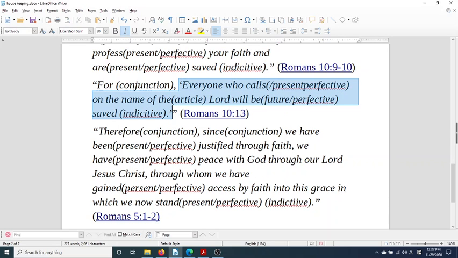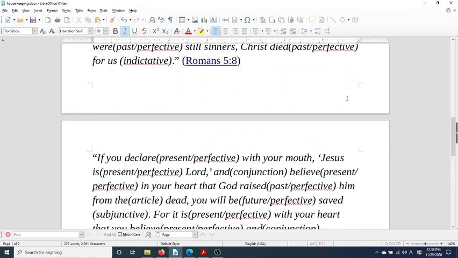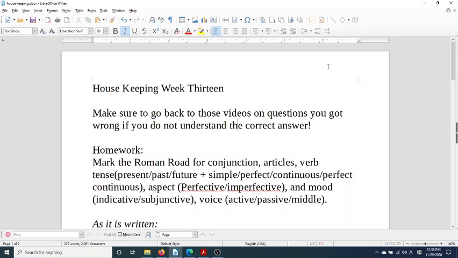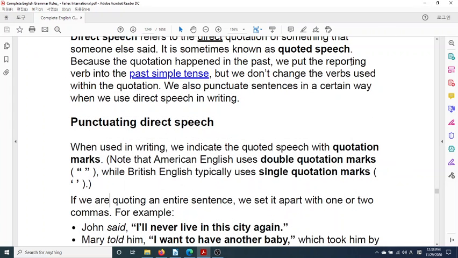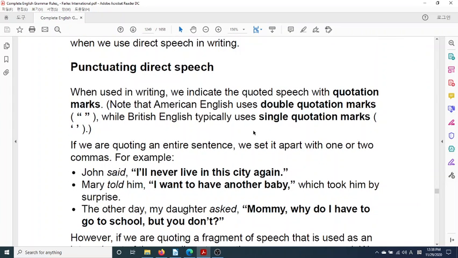The author was quoting someone, right? So, to show the quote inside of the quote, we use single quotes. And since the single quote ends at the same time as the double quote, we actually put all three here for the very end. Okay, so American English, we use two. British English, they use one. But American English, you can use the one when you're quoting inside of a quote.